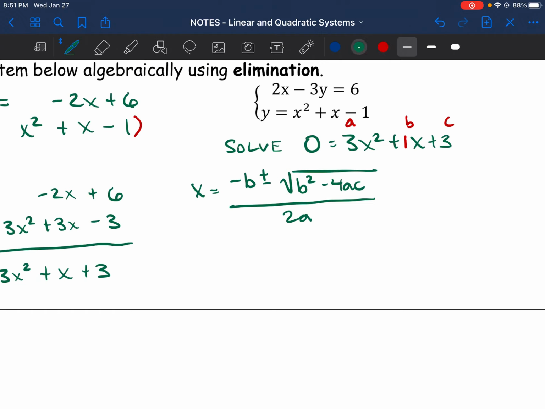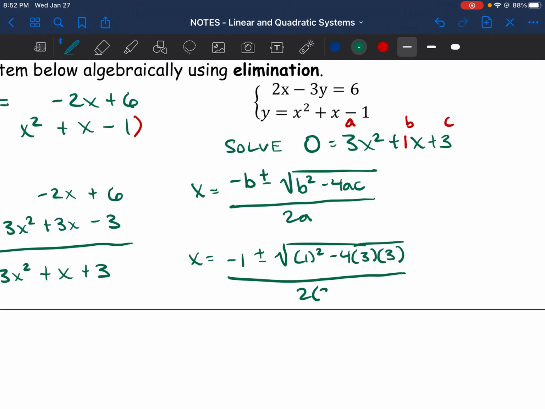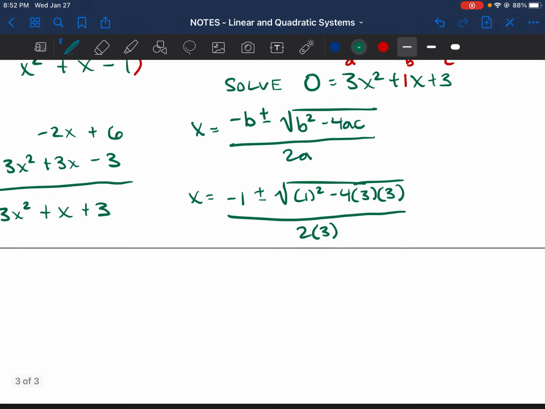Okay, so let's plug in those pieces. x equals, well, negative b, that's going to be negative 1, plus or minus the square root. b squared, that's going to be 1 squared, minus 4 times a is 3, times c is also 3. Everything divided by 2a, again, a is 3.